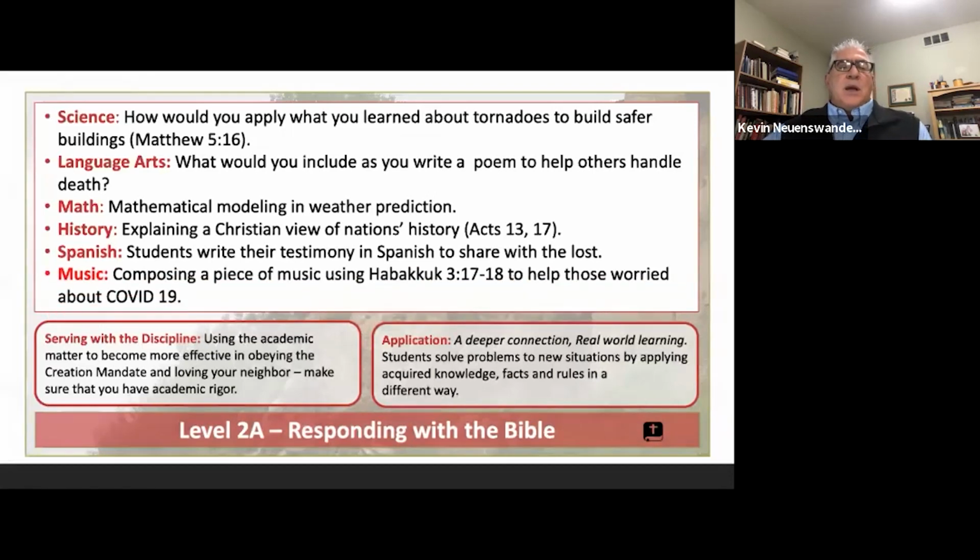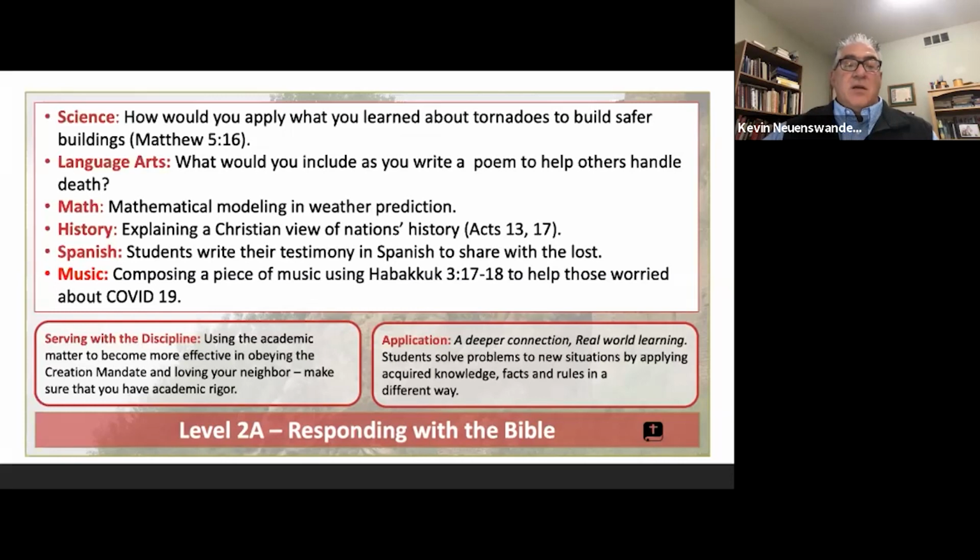Music, composing a piece of music using Habakkuk 3:17 through 18 to help those worried about COVID-19. One of my favorite scriptures talks about God's care for us. And right now with COVID-19, in Wichita, Kansas, where I live, we have the highest level of COVID cases in the nation right now.